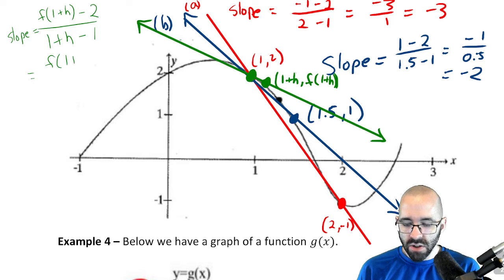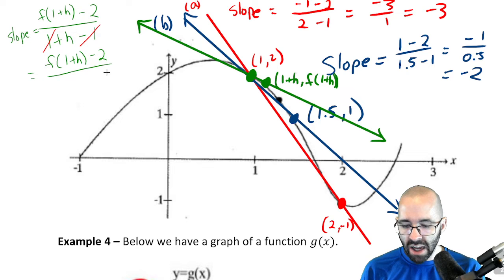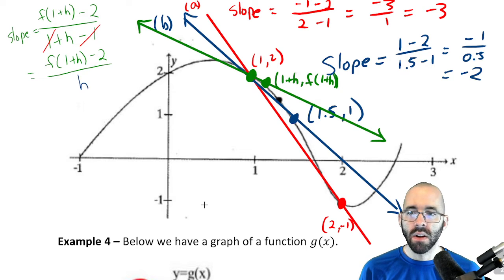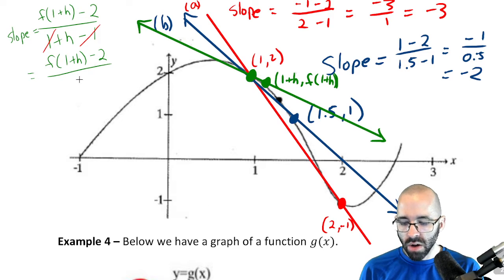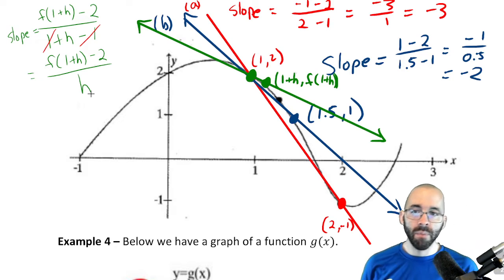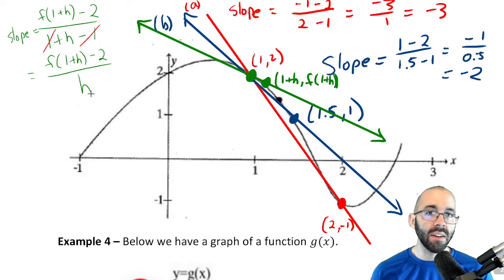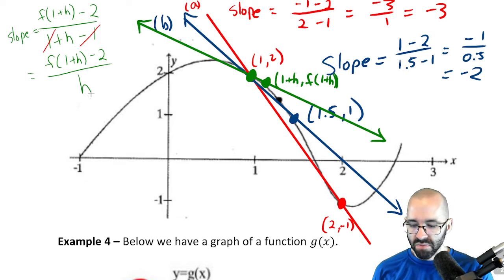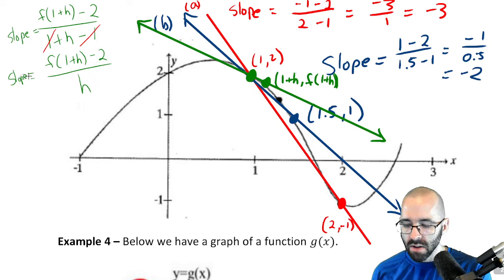We don't know what this function is, so we can't simplify the numerator. But we can simplify the denominator, right? If we add 1 and subtract 1, those cancel out. Now, if this were a function that we knew, we could keep on simplifying, and you'll have some of those in your homework assignment. But for us, that's as much as we know about the slope here.